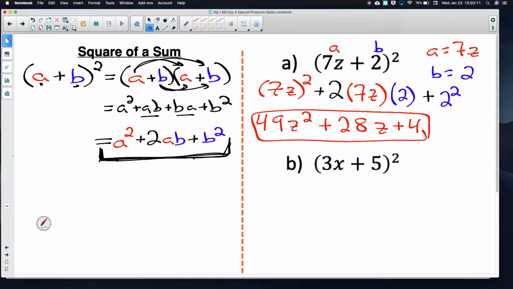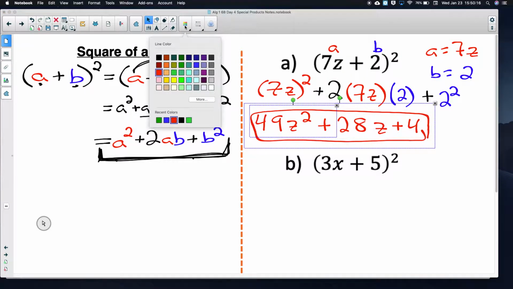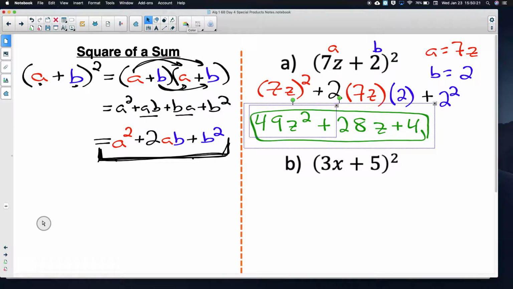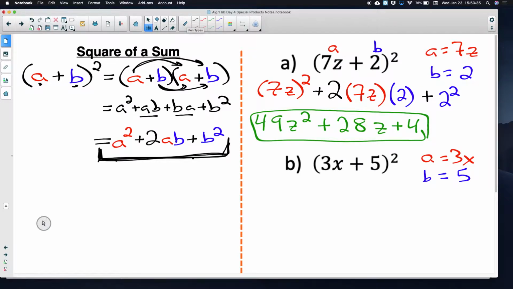Okay? So I'm going to have that, and then I'm going to change that color so you don't get that confused with what we're using for A and B. Make that green. So it just makes multiplication a little bit easier. Like an example for B, I've got A being played by 3x, and I've got B being played by 5.